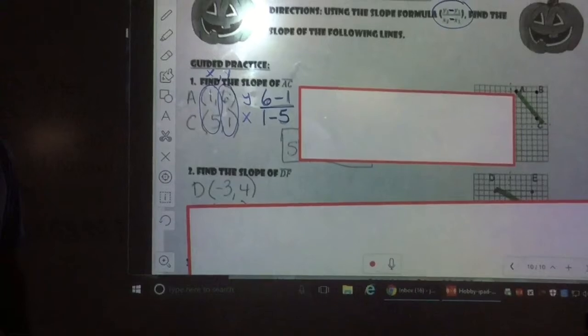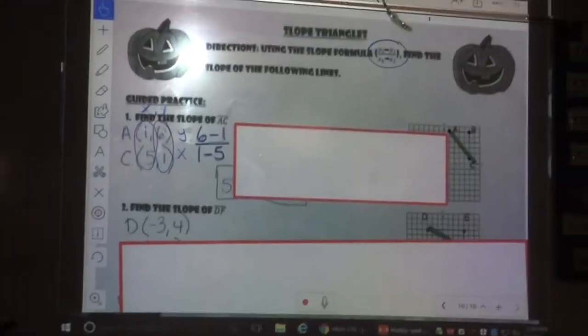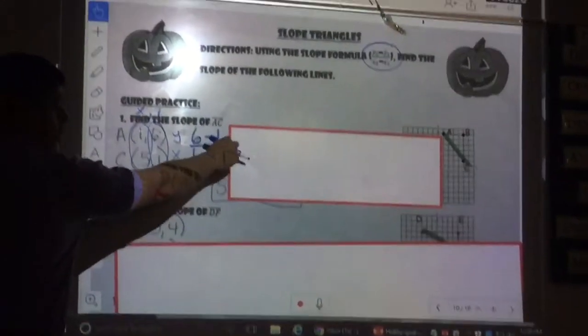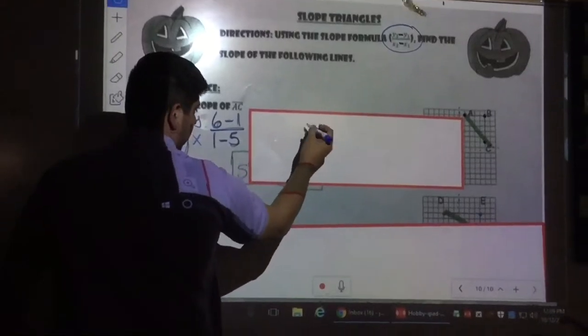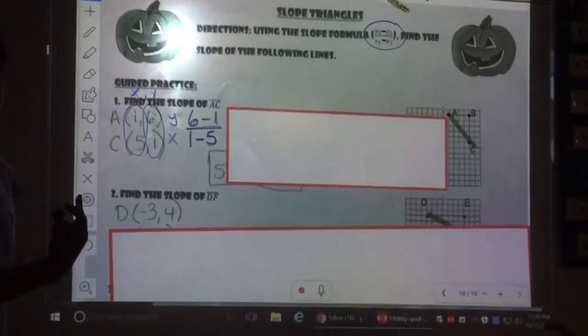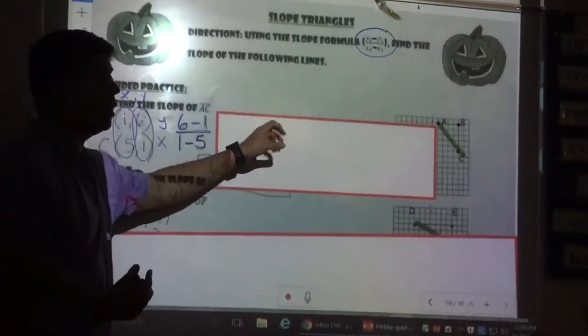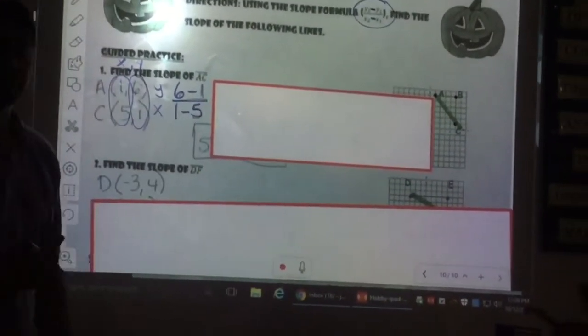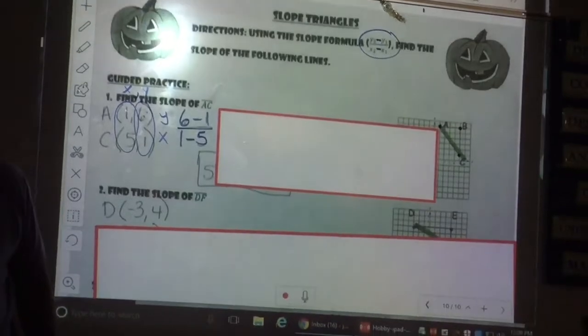In your calculator, put 6 minus 1, and you're going to get an answer for that. Then do 1 minus 5, and you get an answer for the denominator. So you have your numerator and your denominator, and it's going to give you your slope. Go ahead and do that in your calculator right now.